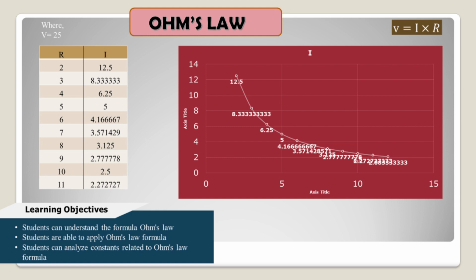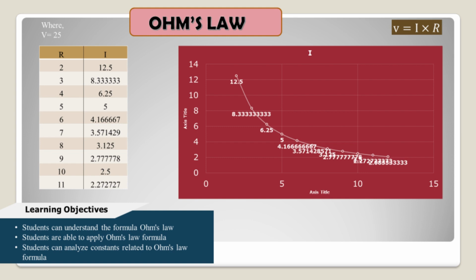If we have the resistance equal to 3, we have the current equal to 8.33. And if we have the resistance equal to 4, the current is 6.25. If we have the resistance equal to 5, the current is equal to 5.